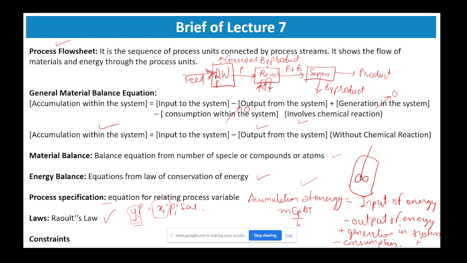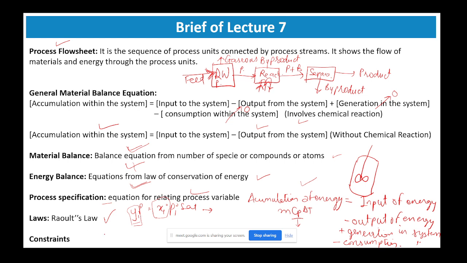So this is how we solve all the equations in any system. We will have a number of equations from material balance, from process specification, where we relate various process variables, and from various laws. Energy balance is separate. Also we can have certain constraints.